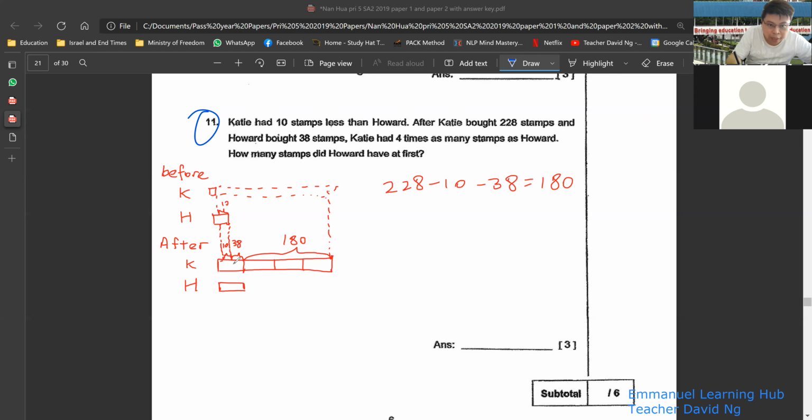After Katie bought 228 stamps, and Howard bought 38 stamps, as reflected here, then you can write here 38. So when you check, you also fill in some gaps.